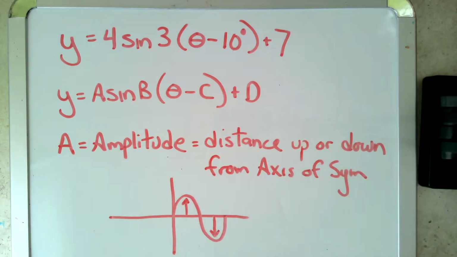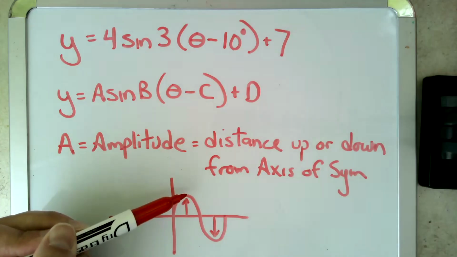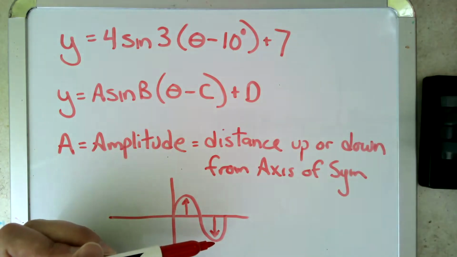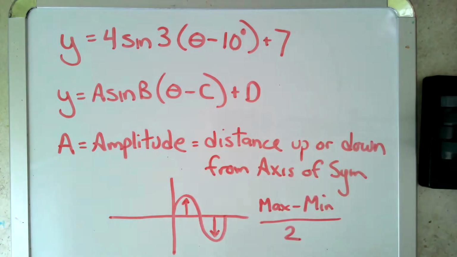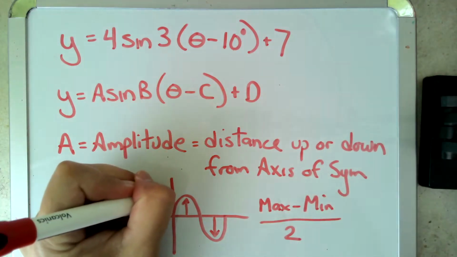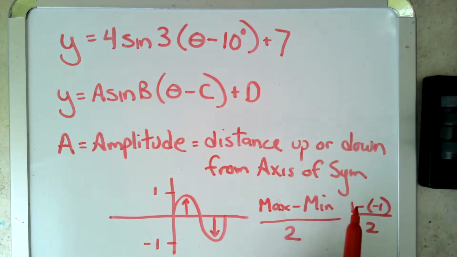All right, so the way we find distance is by taking the highest point, subtracting the lowest point, and dividing by 2. Max minus min over 2. In a non-translated sine wave, our maximum is 1, our minimum is -1. 1 minus -1, that's 1 plus 1 or 2. 2 over 2, that's 1.